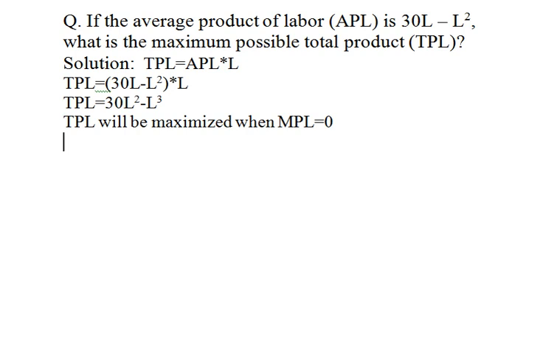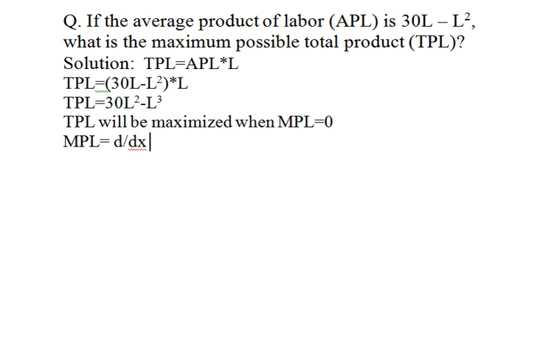So from total product of labor we have to calculate marginal product of labor, and marginal product of labor equals the derivative of total product of labor, that is this. After differentiating this equation, we will get the marginal product of labor as the derivative of 30L square.